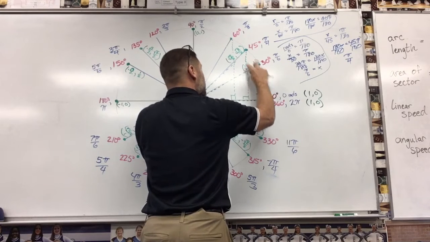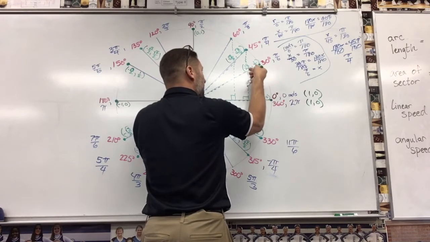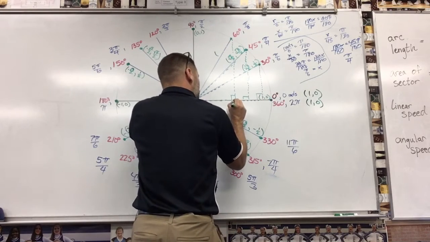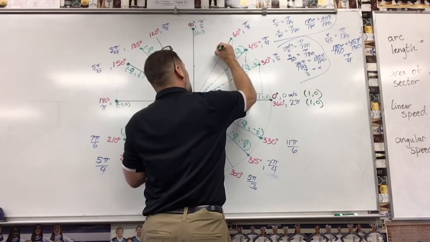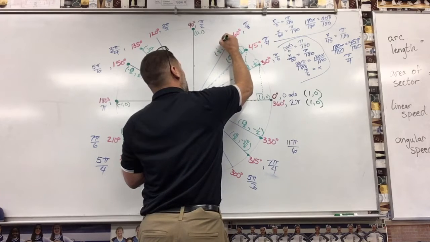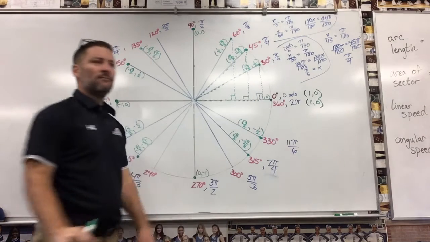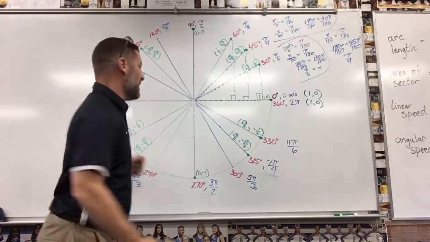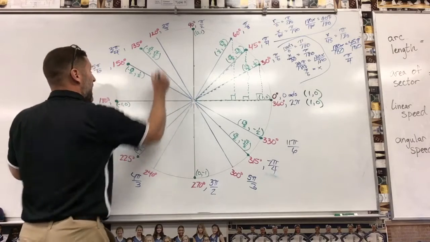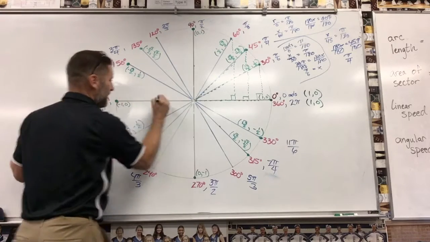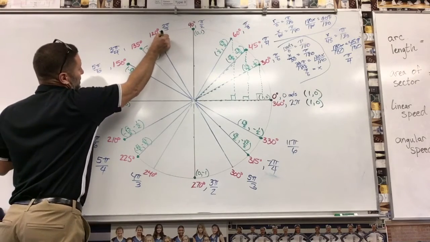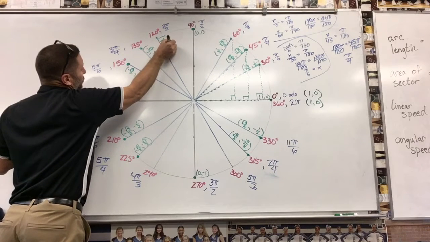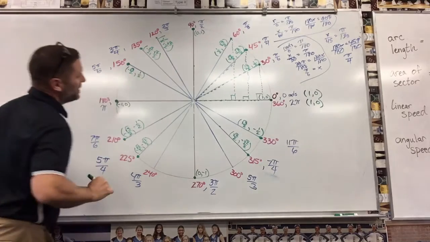So these two coordinates in this spot get flip-flopped. I go over 1/2 and I go up root 3 over 2 to get to that spot. And then I'm gonna go over a half, up root 3 over 2, but I went left a half. So my ordered pair is going to be negative 1/2, comma, up root 3 over 2 to that one.